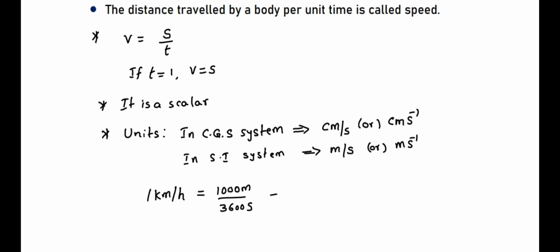If you simplify this, you will get 5 by 18 meters per second. So, 1 kilometer per hour is equal to 5 by 18 meters per second. That means 1 kilometer per hour value is smaller than 1 meter per second.